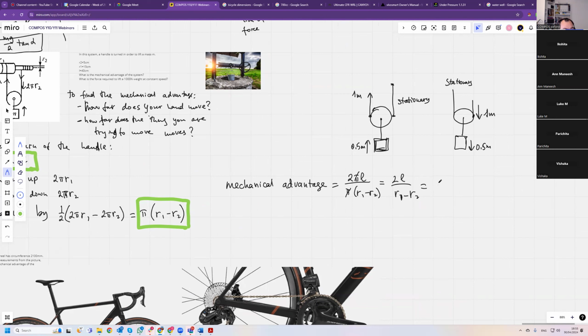We got the numbers: R2 is 5 centimeters, R1 is 15, 2L is 40. So it's 2 times 40 divided by 15 minus 5, which is 80 divided by 10, which is 8.